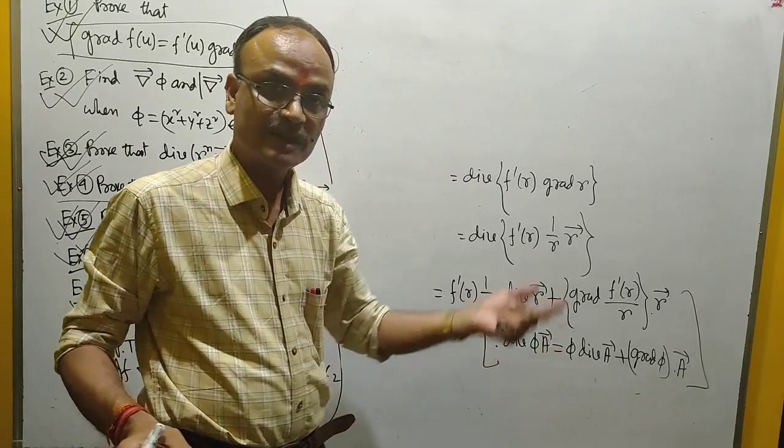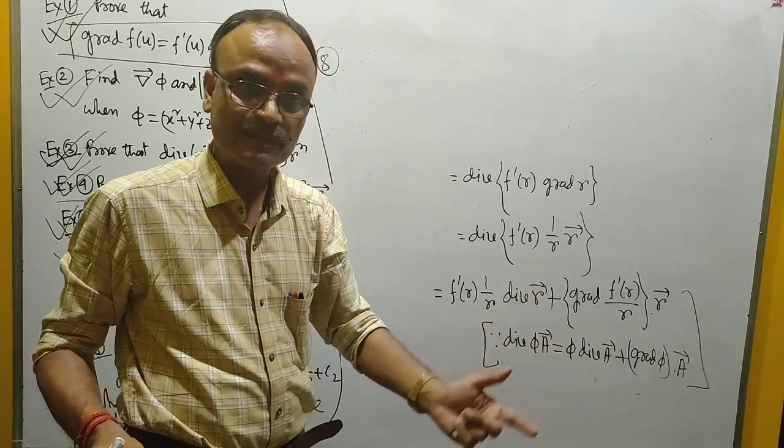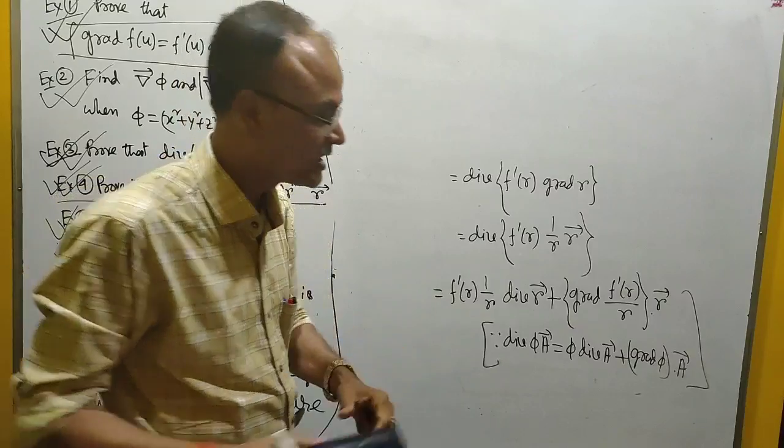Therefore, del x by del x plus del y by del y plus del z by del z equals 1 plus 1 plus 1 equals 3.